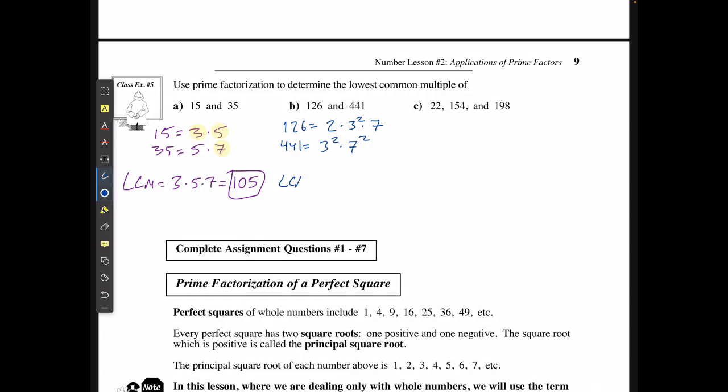The lowest common multiple is going to be all of the different prime factors. I have 2, 3, and 7 as the different prime factors.